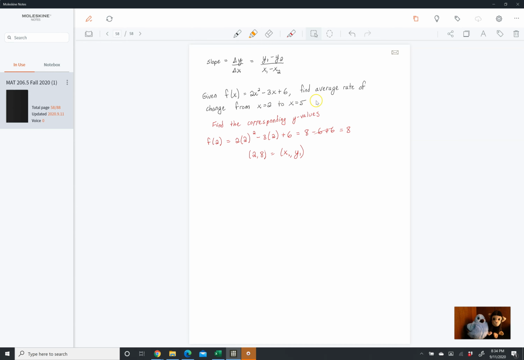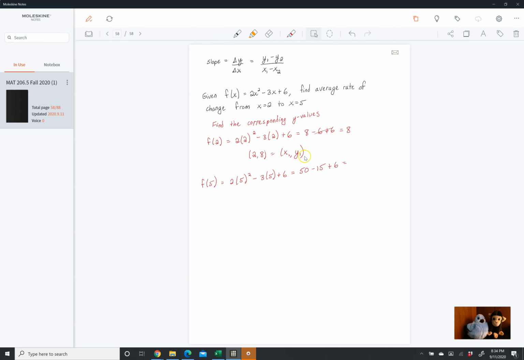So (2, 8) is your x1, y1. Okay, now we need to find the corresponding y value for x equals 5. So we're going to do f of 5. So 2 times 5 squared minus 3 times 5 plus 6. 5 squared is 25, so multiply that by 2, we get 50. 3 times 5 is 15. So 50 minus 15 plus 6.